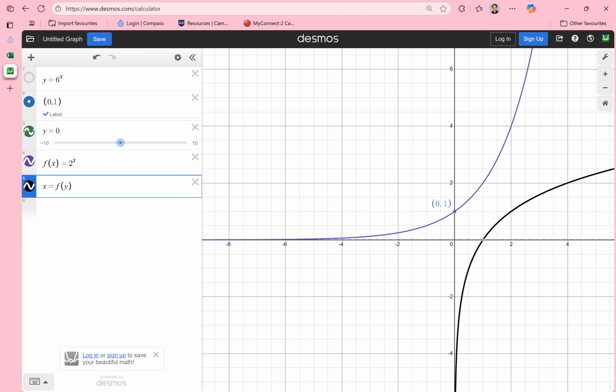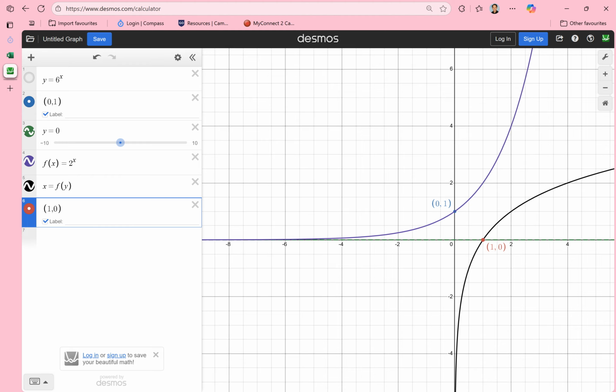That's why they're sketched, the inverse. All the properties that you had over here are now over here. The horizontal becomes the vertical asymptote. Notice the graph gets closer and closer to the y-axis, but never touches. Notice that's at 0, 1, but if you flip it, if x becomes y and y becomes x, that point should be 1, 0. So if you have a look, I'll change that and I'll label it now, 1, 0.